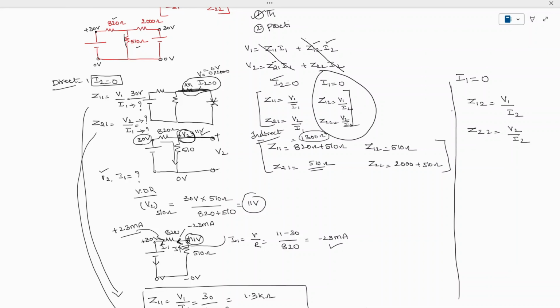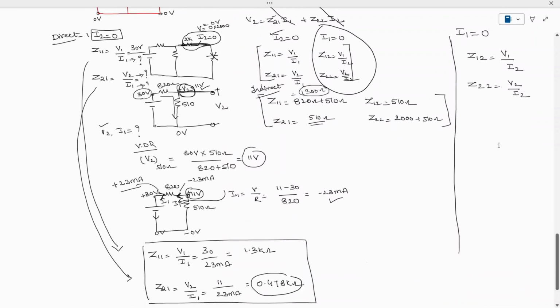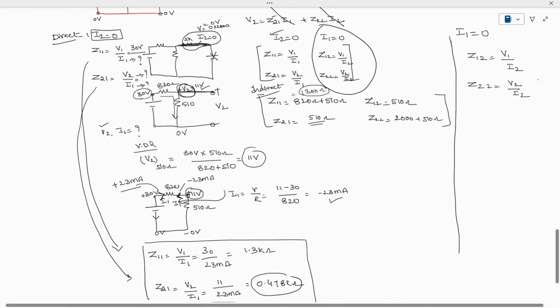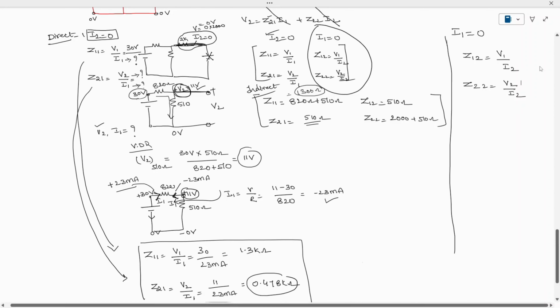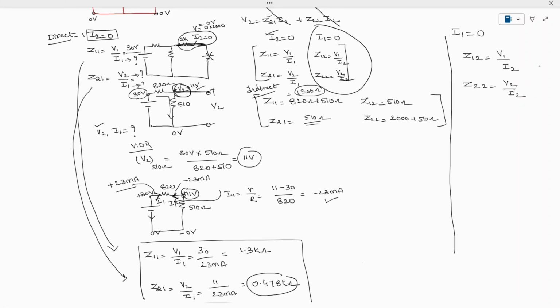Okay, so now let's try to redraw the network. So when you redraw this same network, let's try to copy it.